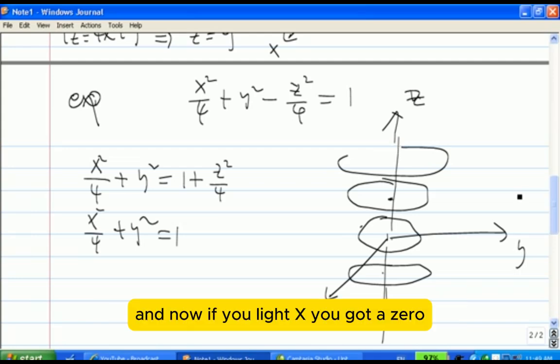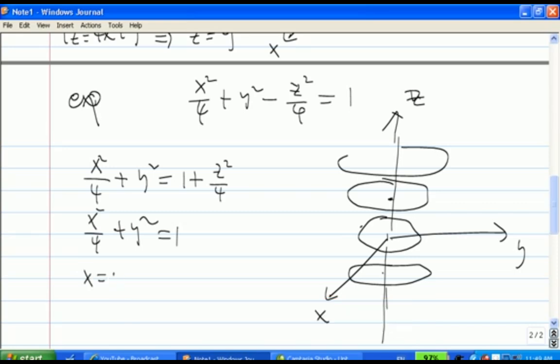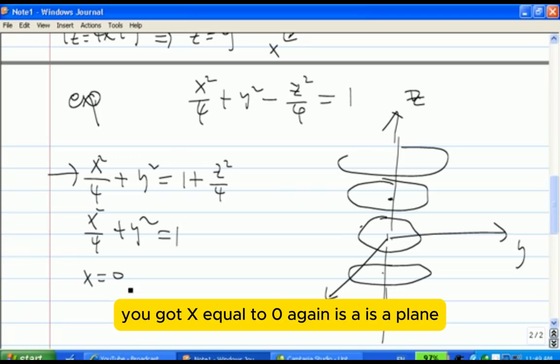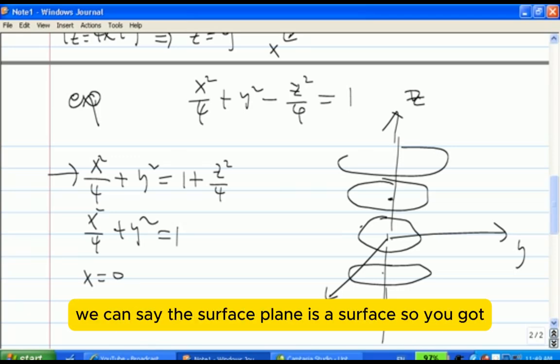And now, if you let x equal to 0, combined with this equation, you got x equal to 0 again, which is a plane, or you can say it's a surface. Plane is a surface.